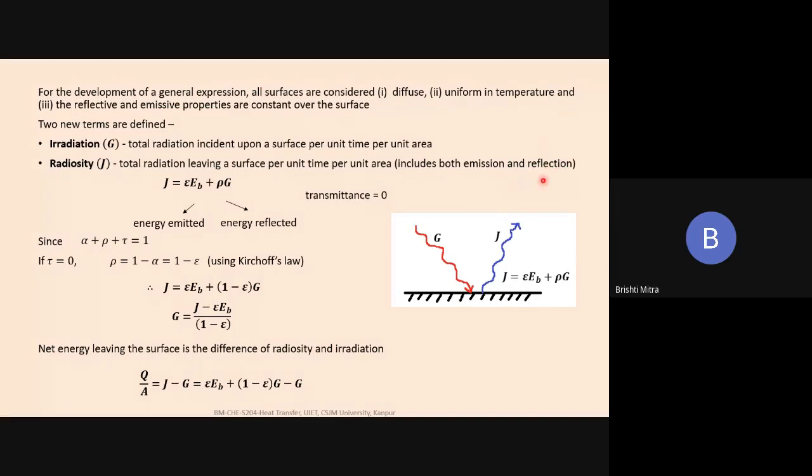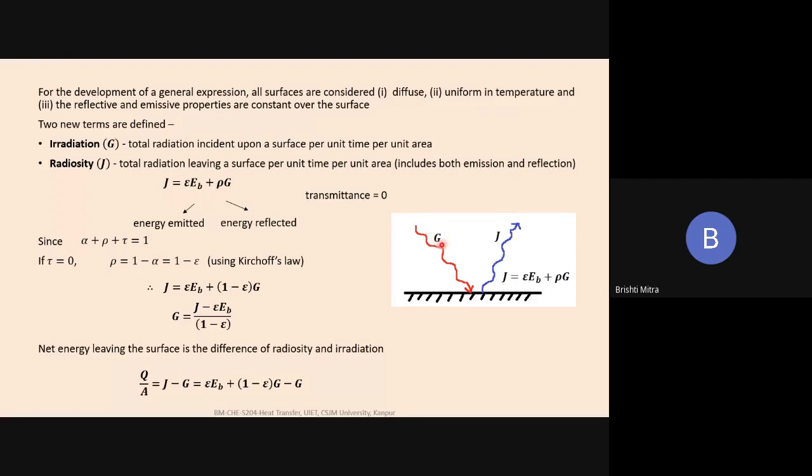Reflection is only possible when there is incident radiation coming, whereas emission is possible even when we do not have anything falling on the body, because of the temperature of the body, there will be some energy that goes out, which is known as the emission. So the energy which goes out of the body comprises two parts: the energy emitted and the energy reflected. So what do we see? Reflection, as I told you, will depend on how much is falling on it.